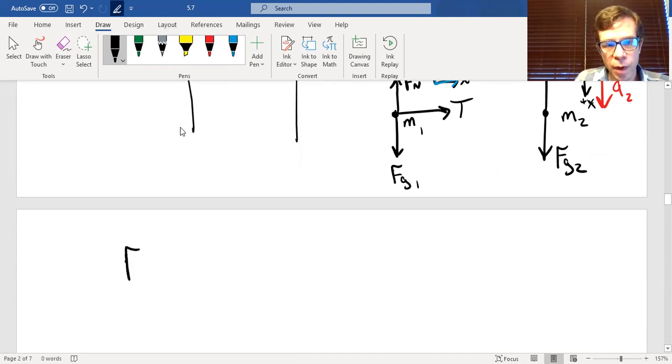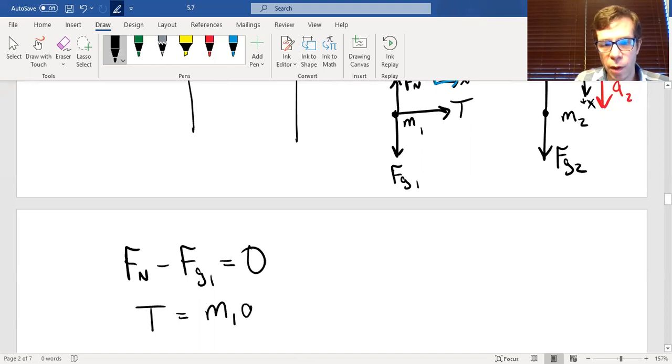So if I now look at my equations of motion, the left free body diagram, the sum of forces in the y direction gives me the normal force minus the weight is equal to 0. And the sum of forces in the x direction gives me the tension is equal to m1 times A. And I'm going to use magnitude here for the same reason I was before. My free body diagram on the right, I chose down as the positive direction because that's the direction of my acceleration.